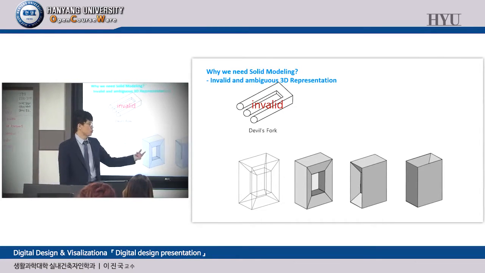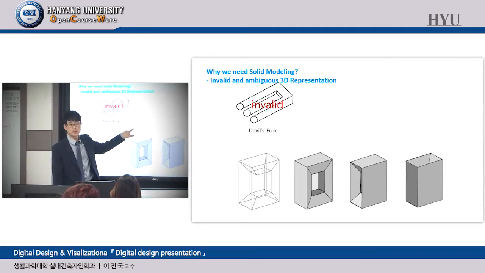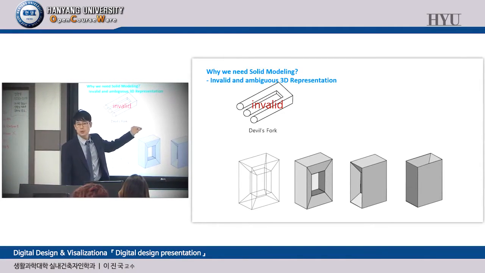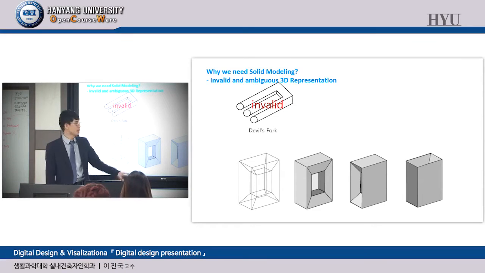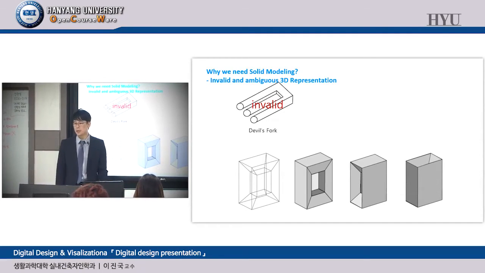So why do we need a solid model? A solid model knows, if you put a point, it can detect whether this point is outside of the product object or inside of the product, okay? Solid model knows inside and outside, simply because inside is mathematically defined as a solid part, okay?